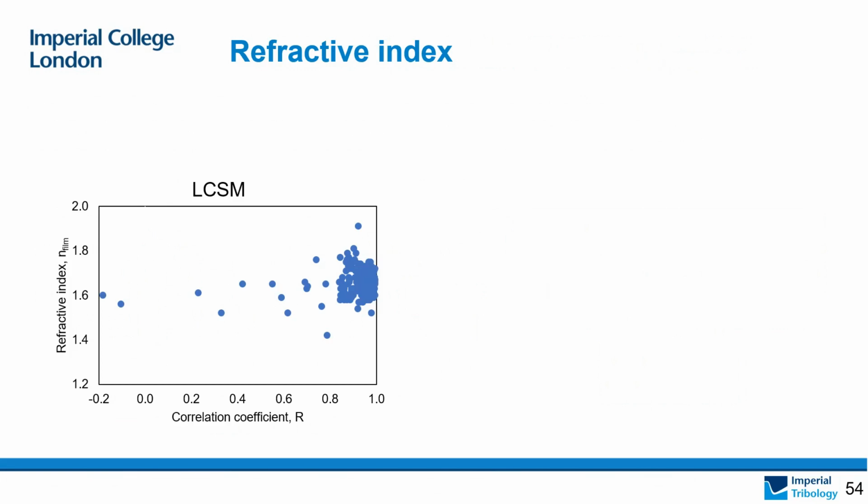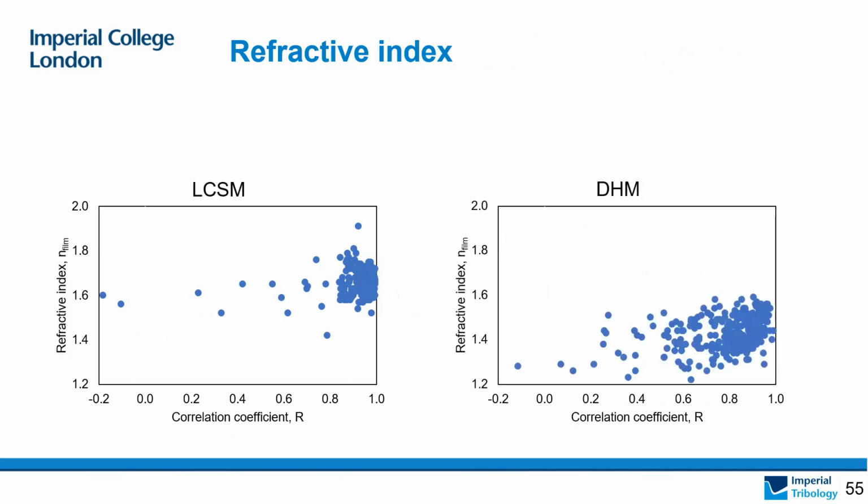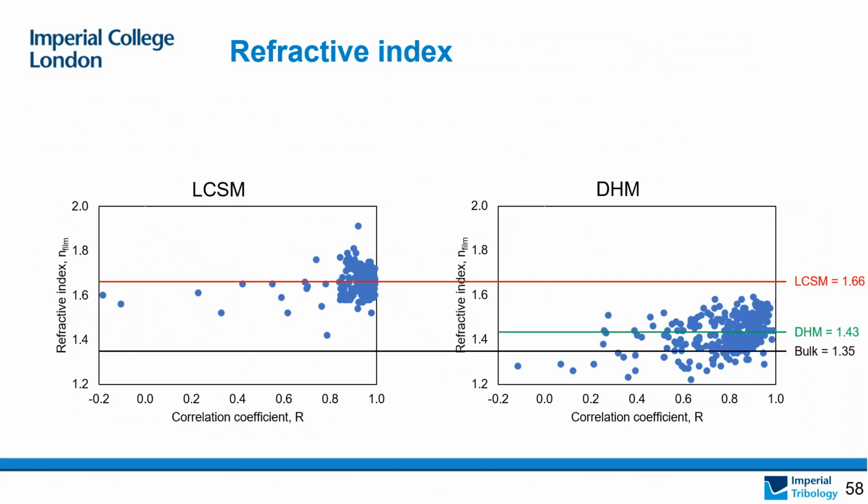This is a graph of refractive index against correlation coefficient R for confocal measurements. And this is the same graph, but for DHM. The red line represents the average refractive index for the confocal measurement, which is 1.66. The green line is the average refractive index for DHM, which is 1.43.